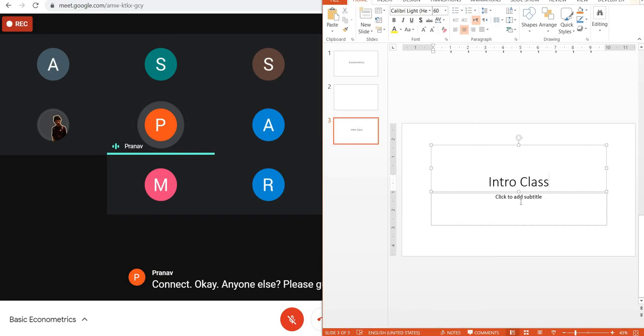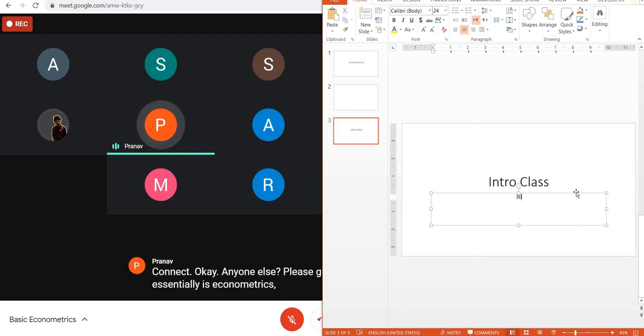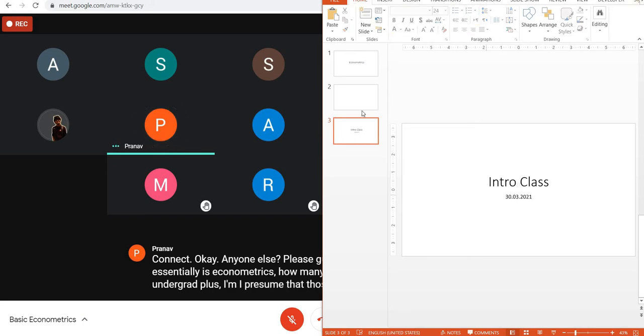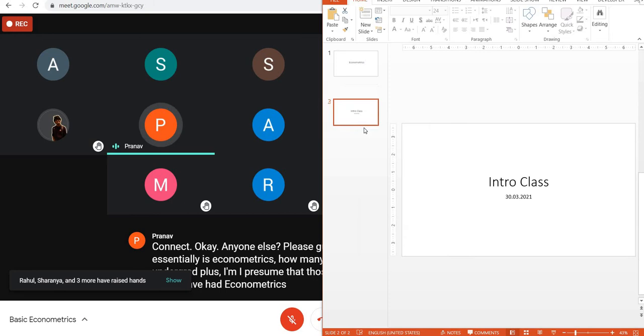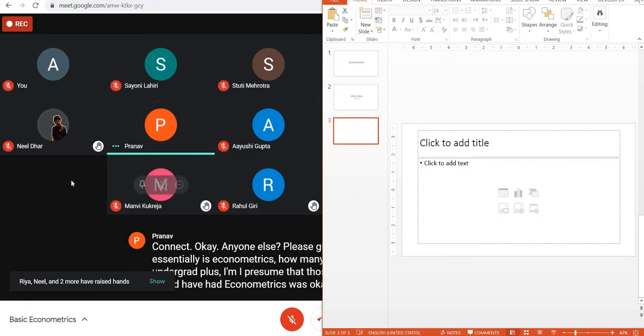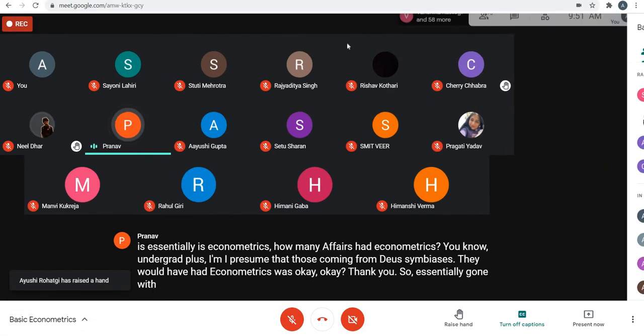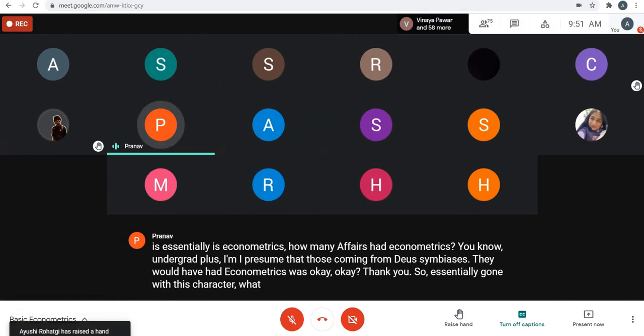What essentially is econometrics? How many of you have had econometrics in your undergrad class? I presume that those coming from DU or Symbiosis would have had an econometrics course. Okay. Thank you. So essentially क्या है econometrics? क्या लगता है आपको? What is this subject all about?